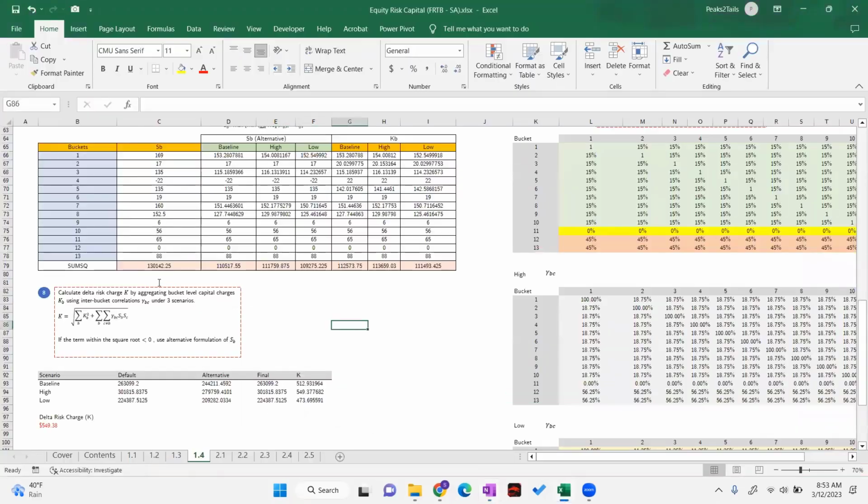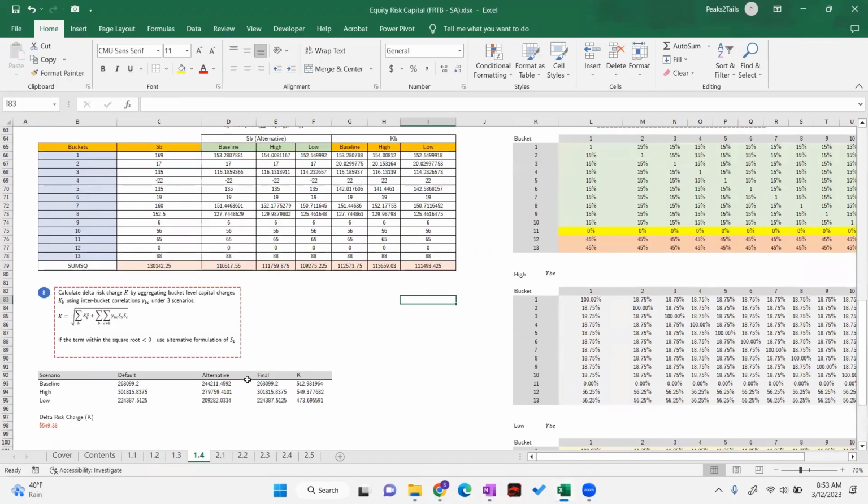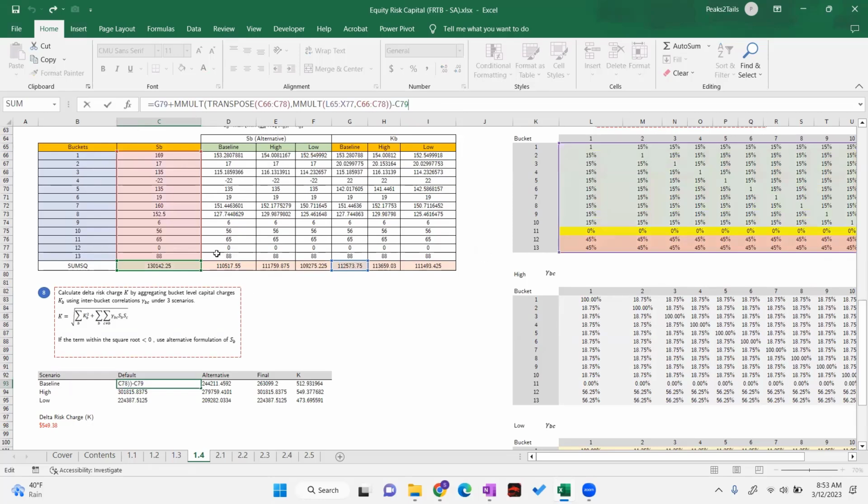So I'll show you. See, sum SQ, summing the SB square. Sum SQ, this is this square plus this square plus this square. Everywhere I'm doing the same. I will use these. How am I using this? Basically, look at this.